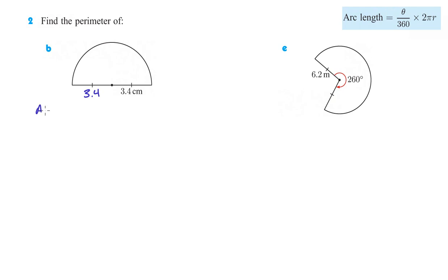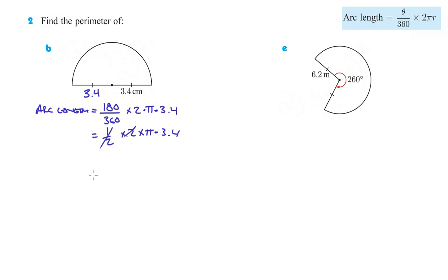The arc length is going to equal the angle measure, which is 180 degrees over 360, which is just half of a circle, hence the 1/2 part, times 2 times pi times our radius, 3.4.